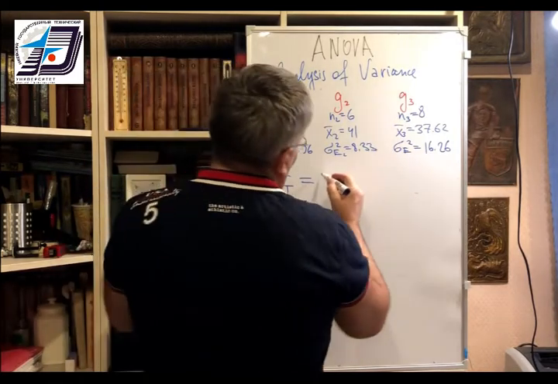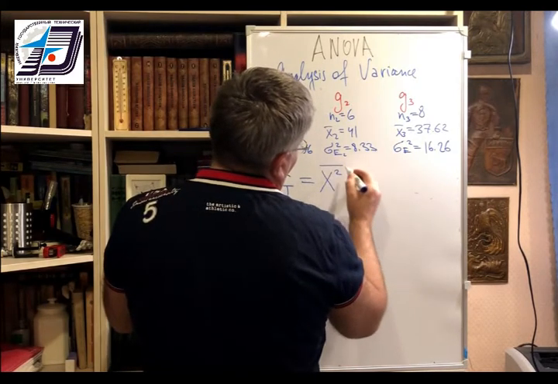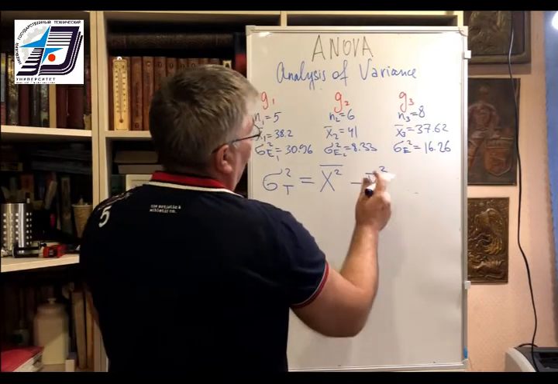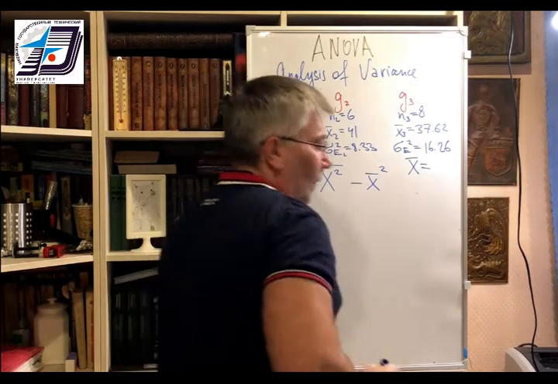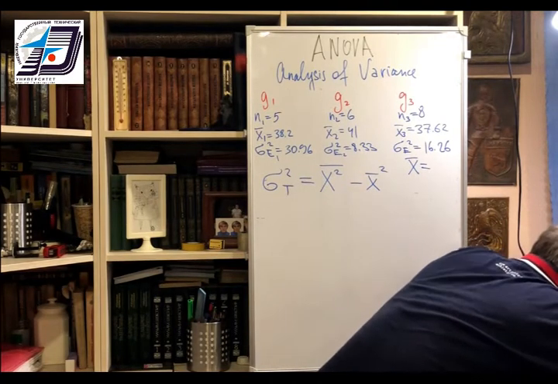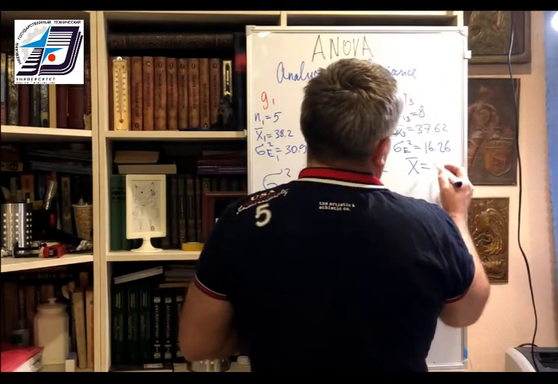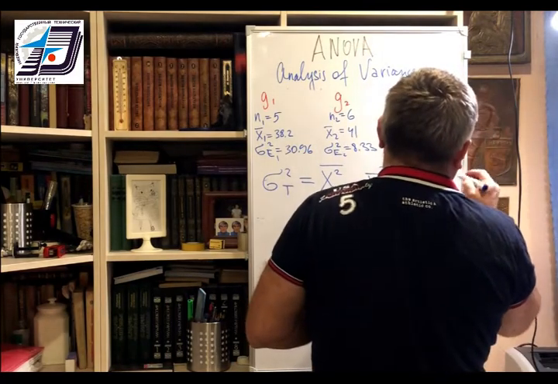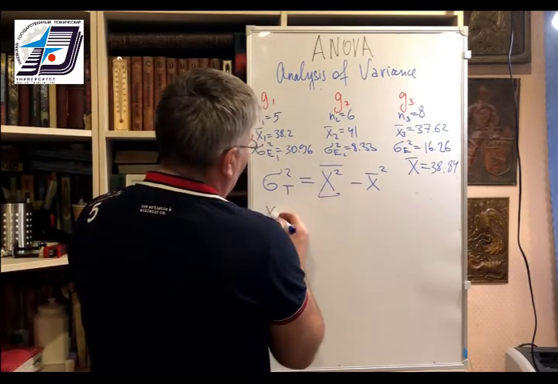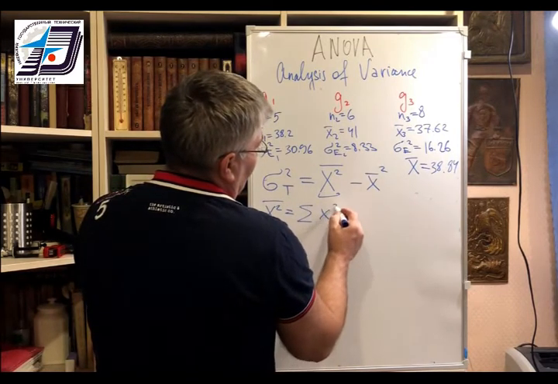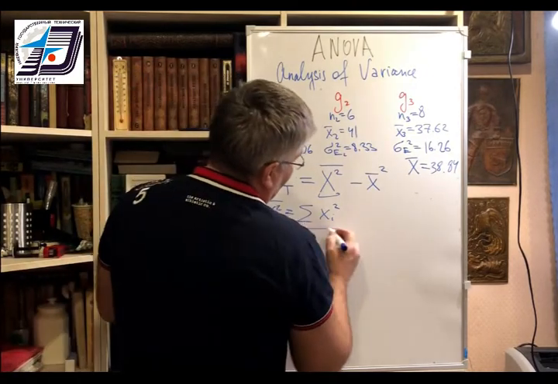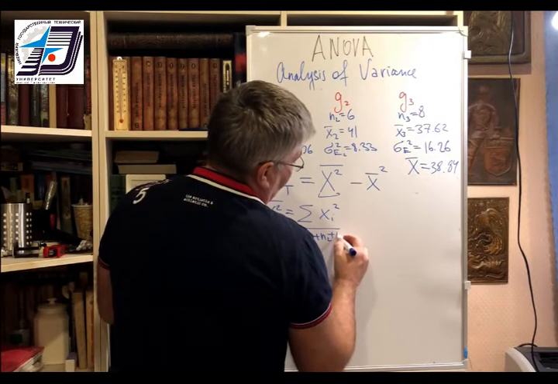We calculated the grand mean, it was 38.84. So the first term you can calculate as the summation of all outcomes through all groups divided by the total number of observations.